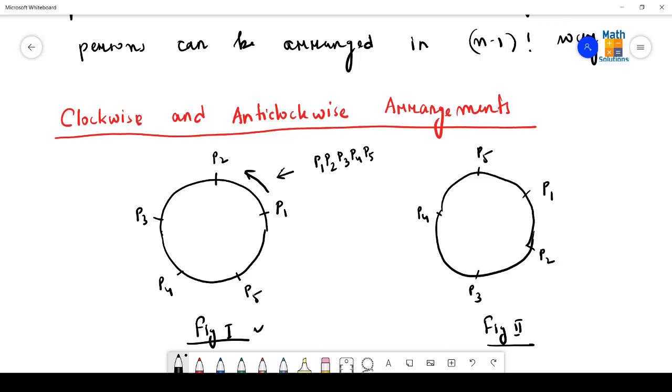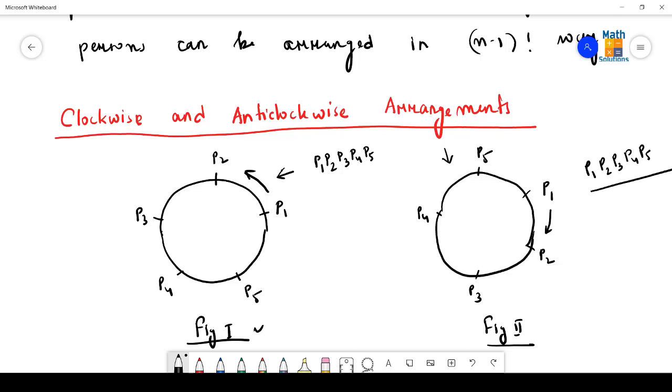Again, in case of this figure, if we proceed clockwise from the first person, the persons that we are going to meet along this circle will be P1, P2, P3, P4, P5.